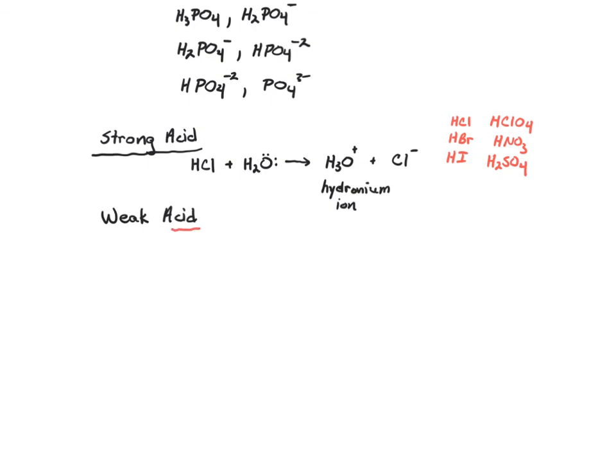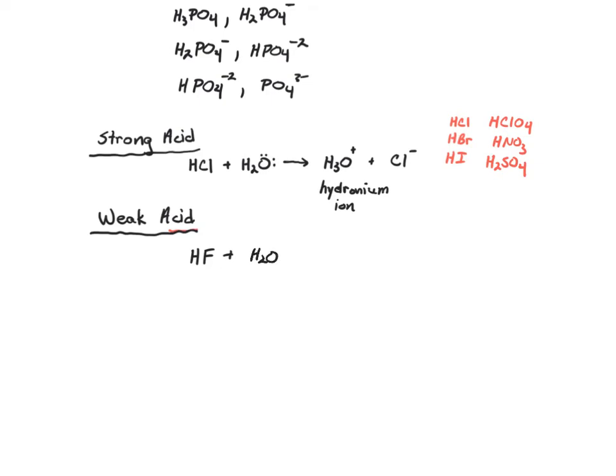Now, as far as weak acids go, the way that they work is very similar to what we have with the strong acid. So let's use HF as our example since we know it's not a strong acid. Now if I take HF and I react it with water, okay, it's going to produce hydronium plus fluoride. You might think, well, that looks exactly the same as HCl. Well, there's one big difference here, and that is that this reaction is actually reversible.